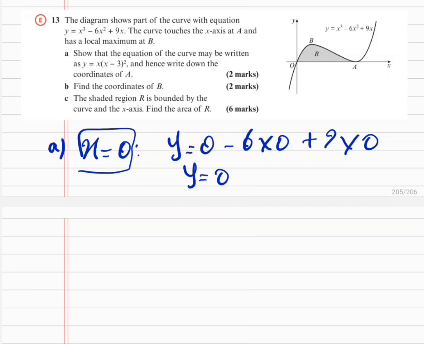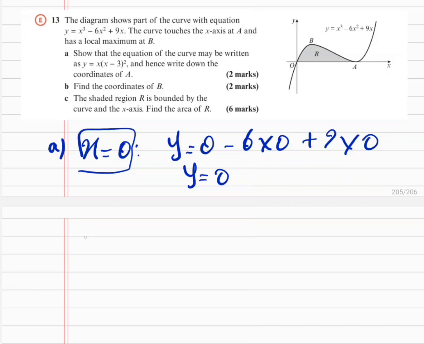Okay, so one of the solutions is x is equal to 0, and we can use our usual technique: we guess the first solution and then we use long division and divide the entire equation by x minus the root, and that gives us an expression that can be factorized to find the other solutions. So in this case, since the solution is x minus 0, which is essentially just x, we don't need to use the proper long division.